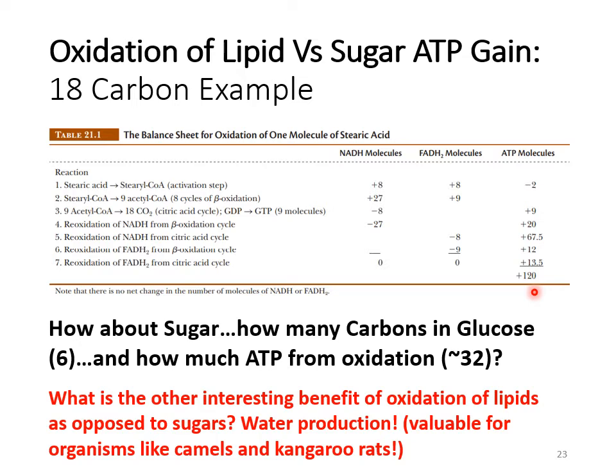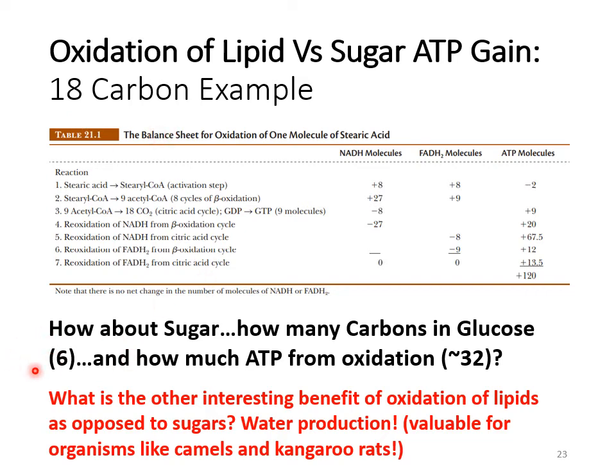Now, we mentioned earlier the fact that lipids, of course, especially fatty acids, make for excellent storage of energy and breakdown of energy because they have so many carbons. Whereas when you compare it to sugar, if we look at glucose, how many carbons do you have in a single glucose molecule? You have only 6 carbons compared to, in this example, 18 in this particular lipid.